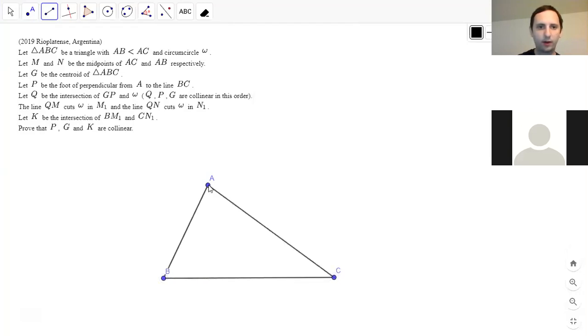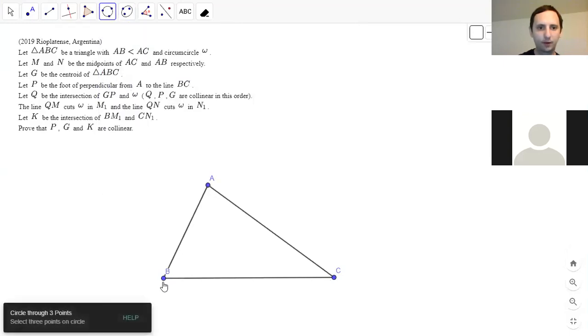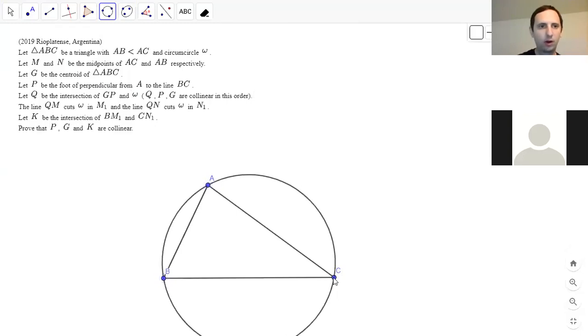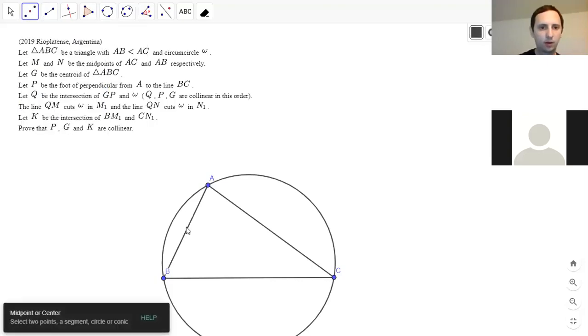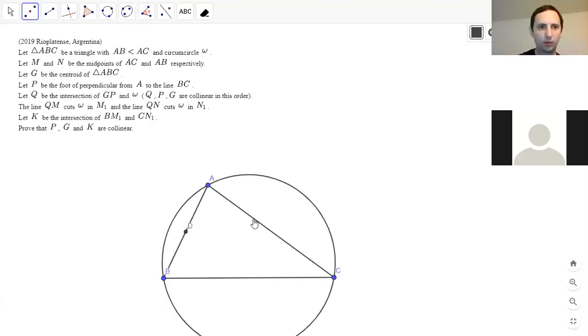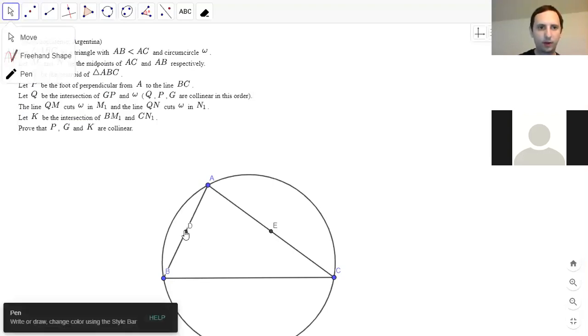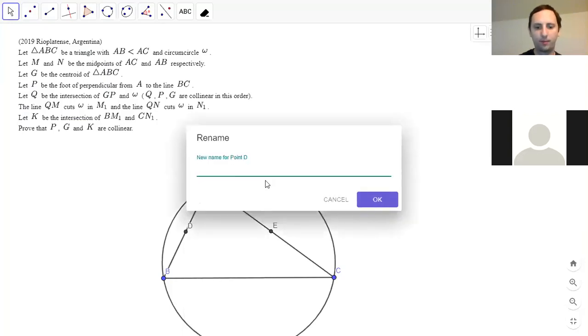M and N are the midpoints of AC and AB. So I will rename those. I feel like it's easier to rename points in this form in GeoGebra.